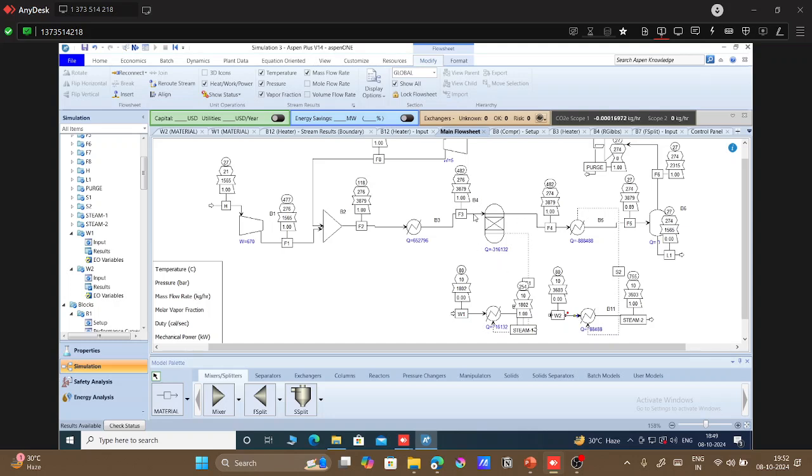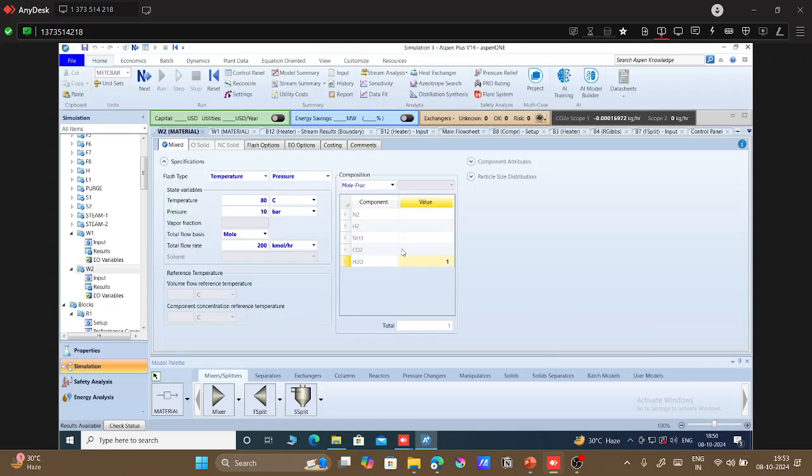Here for the reactor heat transfer, we are within the temperature limit, that the outlet of the reactor is 482 degrees centigrade and our steam is at 254 degrees centigrade, which is fine. But for the second heat exchanger, that is not the case. So again we have to vary the flow rate. So instead of 200, let's go at 250 kilomole per hour flow rate and see what is happening.